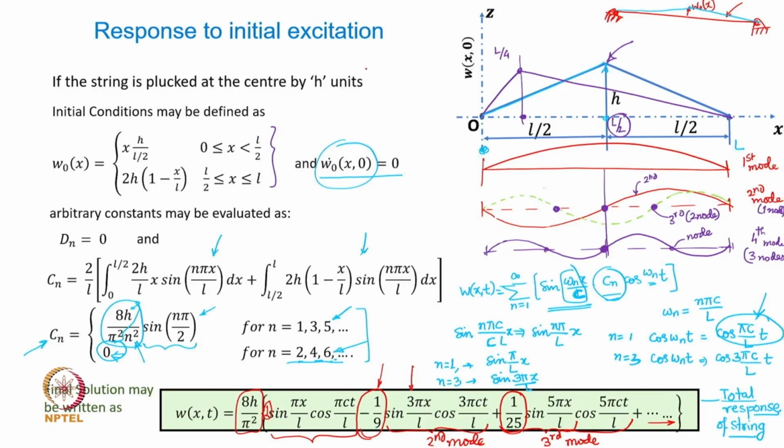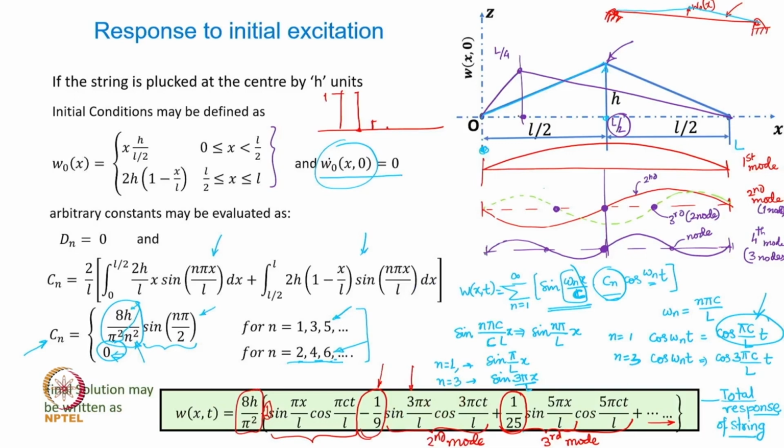So if you compare the contribution from several modes, you will find that if the first mode is 1 unit here, okay, the second mode is absent, the third one will be 1/9, and the fifth one will be almost not seen.